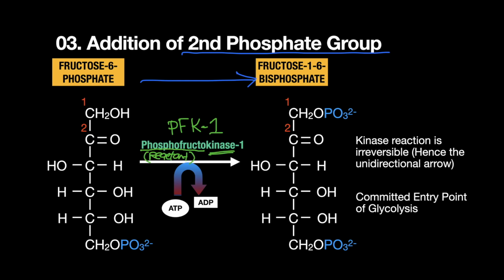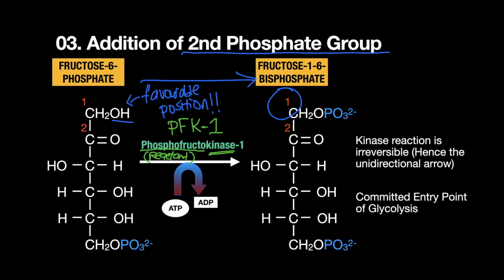Which carbon does phosphofructokinase add to though? Well, it adds to carbon 1. Why carbon 1? Because it is in a favorable position where the OH functional group of carbon 1 in fructose 6-phosphate is able to accept the phosphate group.